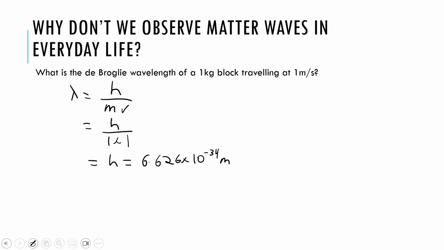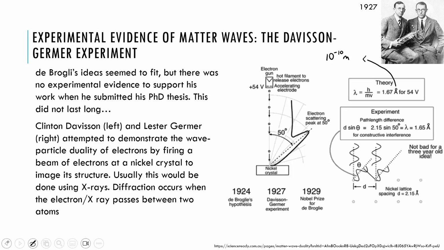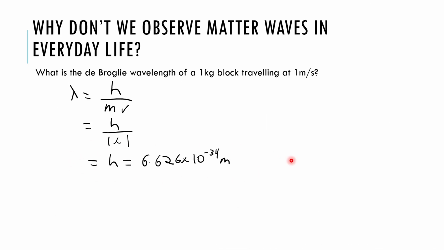Remembering before, when we were talking about gaps in a nickel crystal, these gaps were equal to 2.15 angstrom, which is 2.15 times 10 to the negative 10 meters. This distance here is exceptionally smaller, incomprehensibly smaller than this gap between two nickel atoms in a crystal structure.